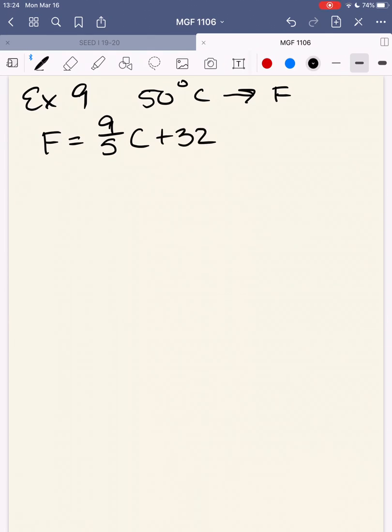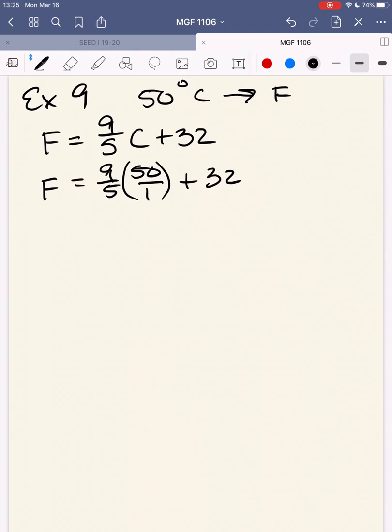I'm just going to plug 50 degrees in and let my calculator do the work for me. So Fahrenheit is 9 over 5 times 50 over 1, plus 32.